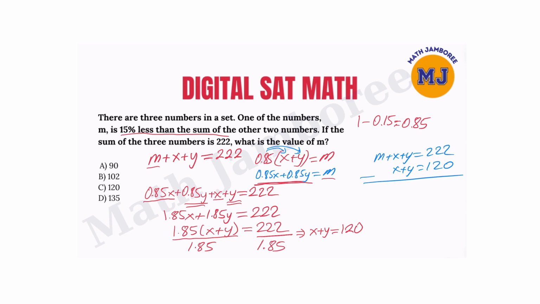If we take these away from here, this cancels each other out, and we have m on the left side. If you take away 120 from 222, it's going to be 102 here, and the right choice for this specific question is choice B.